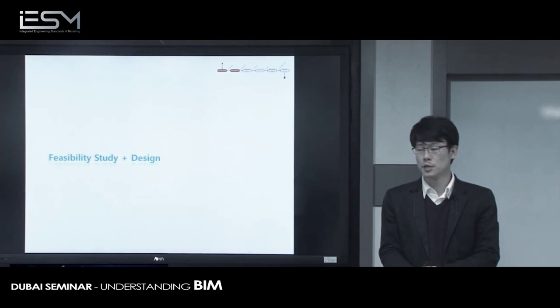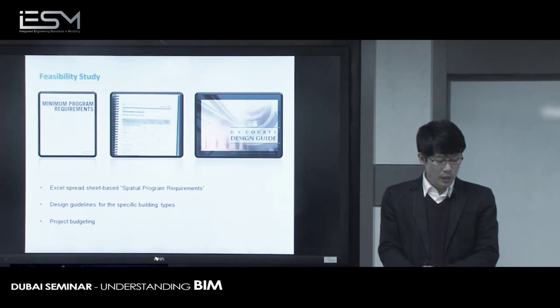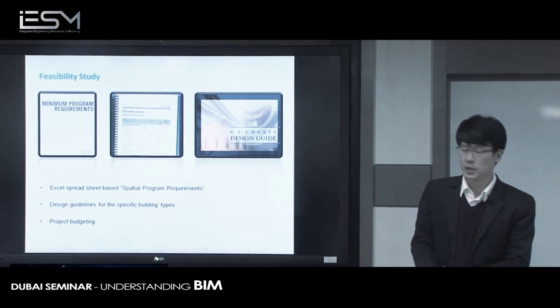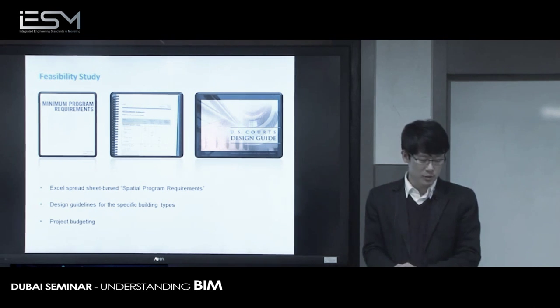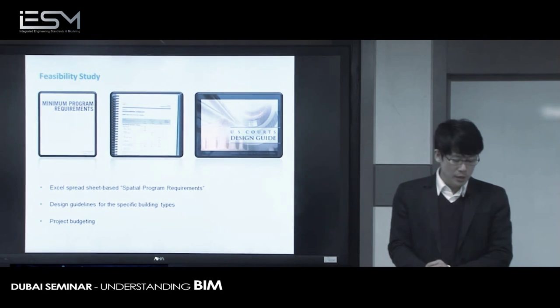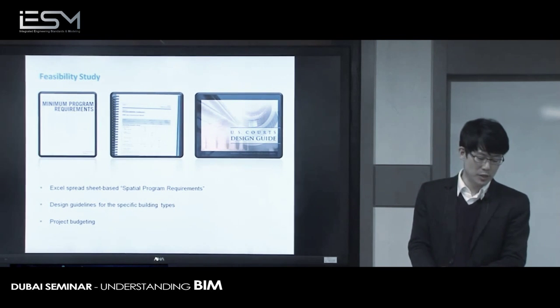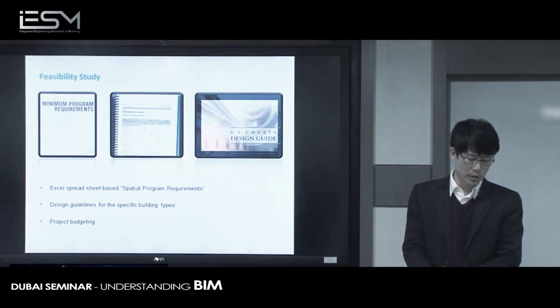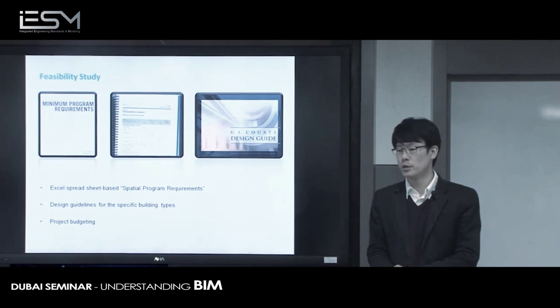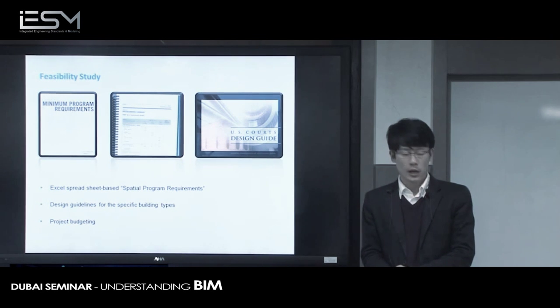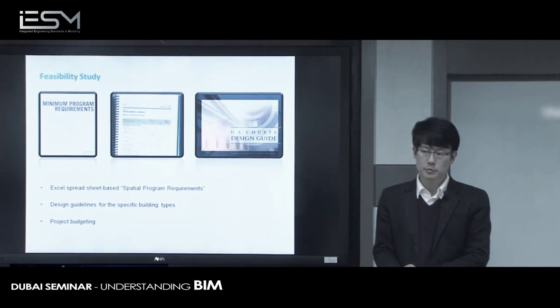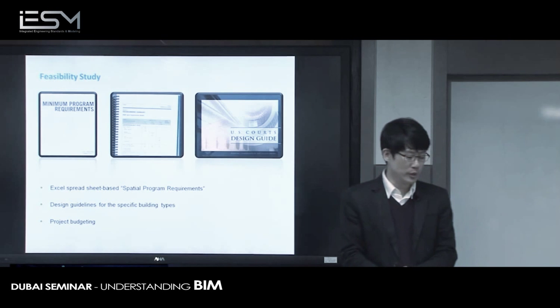What happens using BIM? Actually, in a feasibility study, there are many types of design guide requirements, some binding forces, laws. So usually an Excel spreadsheet defines some special program requirements. How many rooms we need, how big the spaces we have to build in our new building project.